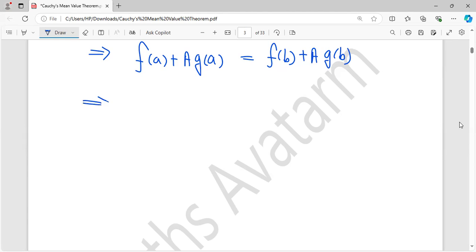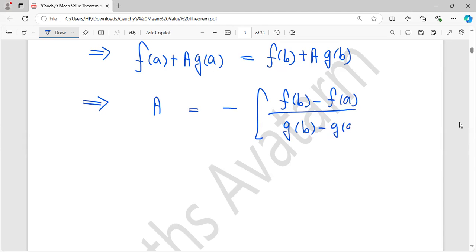To solve for a, a is equal to minus (f(b) minus f(a)) upon (g(b) minus g(a)).